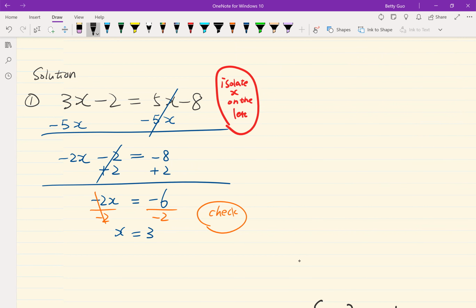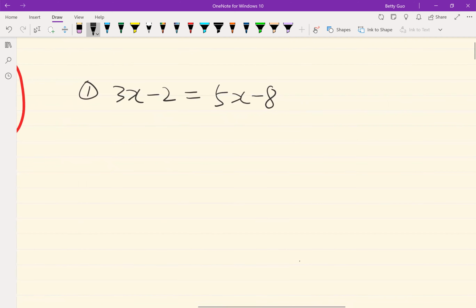So this is method 2. 3x minus 2 equals 5x minus 8. Always observe the equation, knowing how many terms are in the equation, which of them are variable terms, which of them are constant terms.